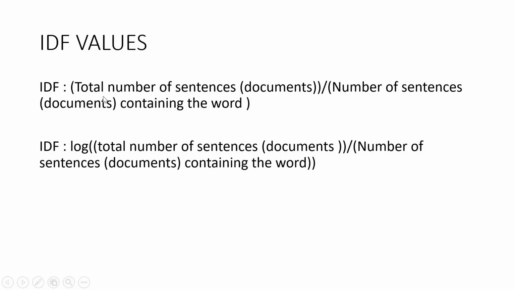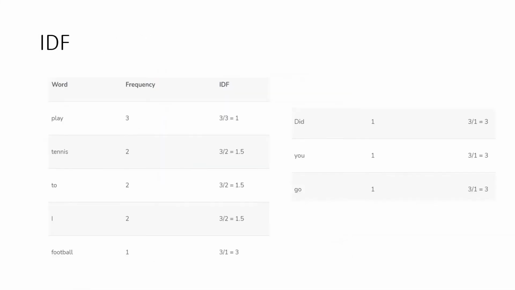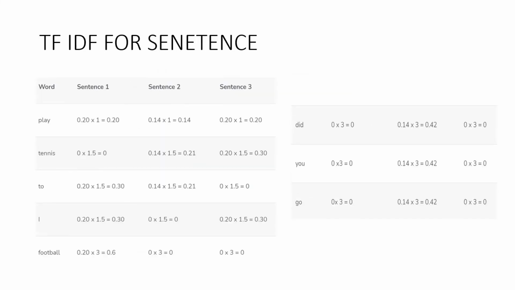We need to take the log of the previous one. Since we had only 3 sentences in the corpus, for the sake of simplicity, we did not use the log. In the implementation section, we will use the log function to calculate the final TF-IDF values. In this table, we didn't use it.